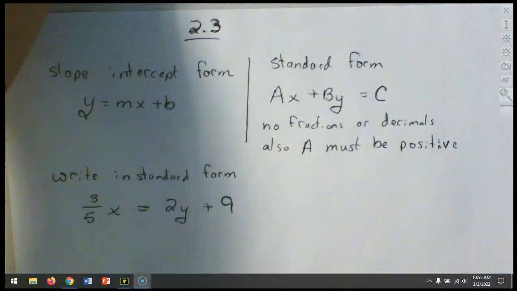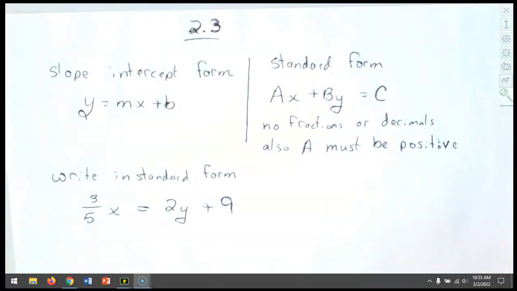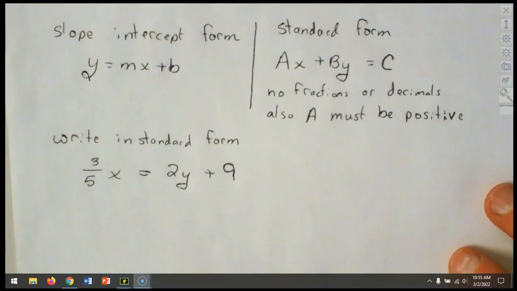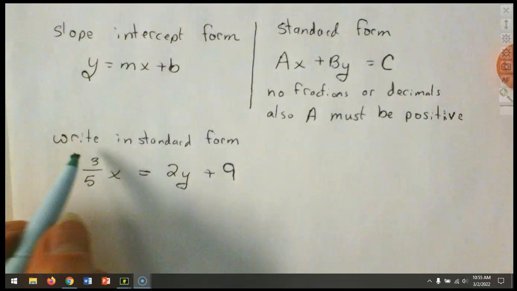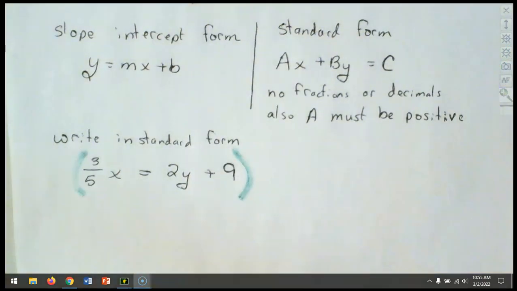Okay, so I want you to write this in standard form. Well, when we talk about standard form, we can't have fractions and we can't have decimals. So we've got fractions here. So first things first, clear the fractions out. So multiply everything by a 5, because that will clear out all of your fractions.